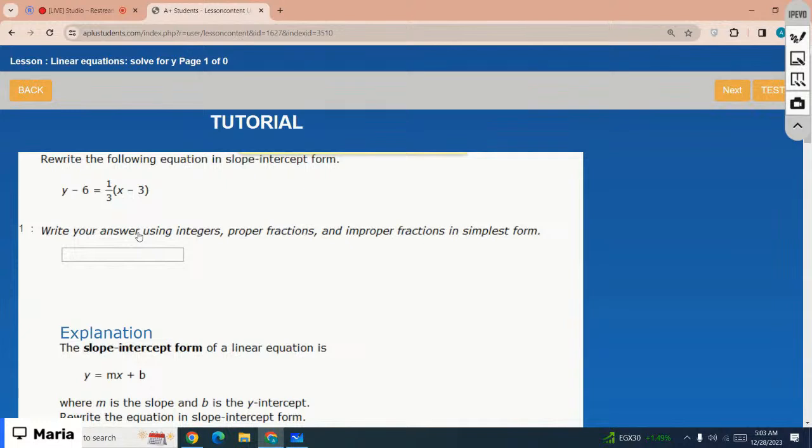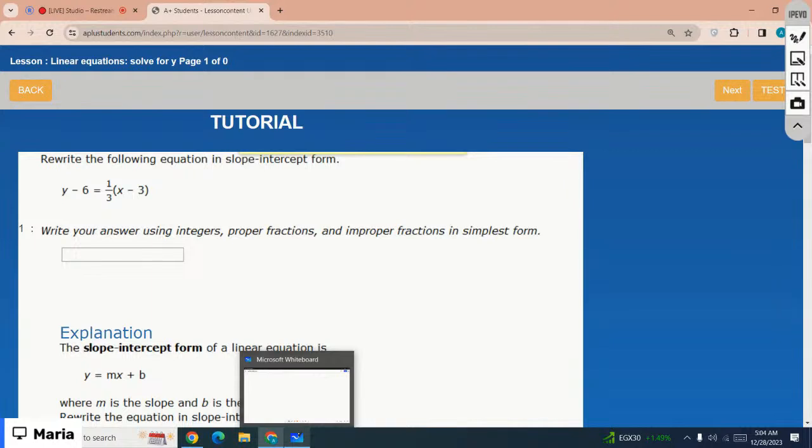Basically we are given a linear equation, and we have to solve for the variable y.